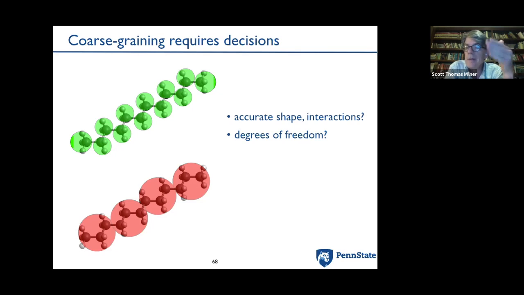And if you simulate those phases with united atoms, they melt at totally the wrong place, and they have the wrong crystal symmetry and so on.